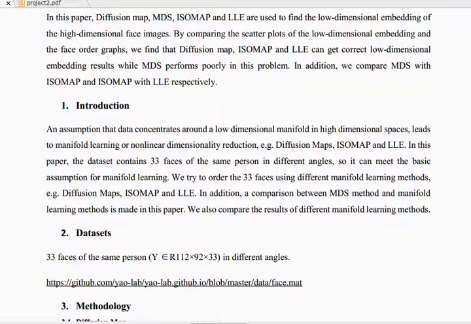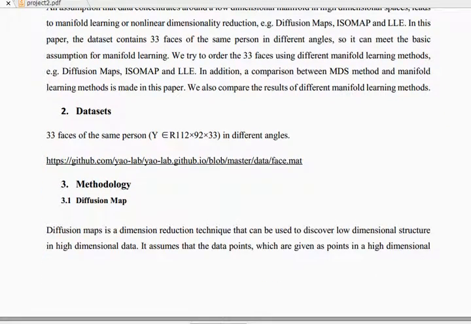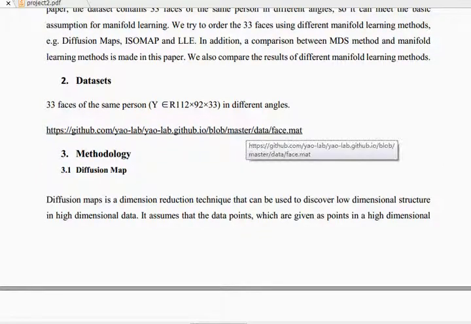In this paper, the data set contains 33 faces of the same person in different angles, so it can meet the basic assumption for manifold learning. The data set we use contains 33 faces of the same person in different angles. This is the link.